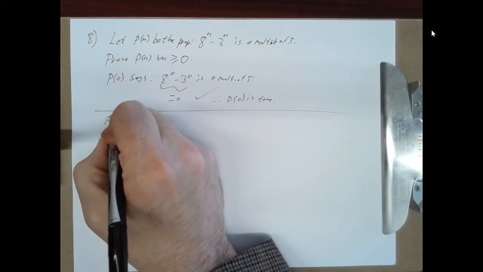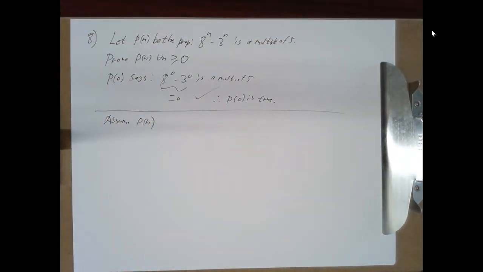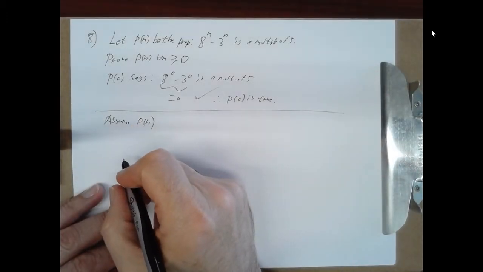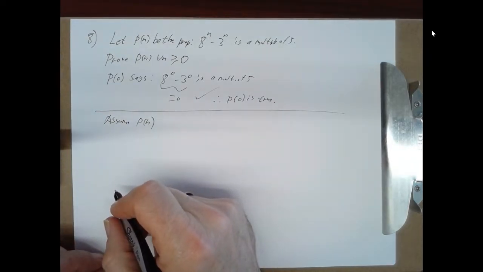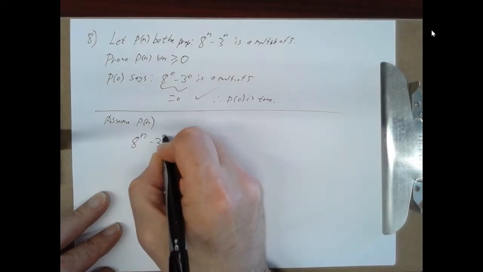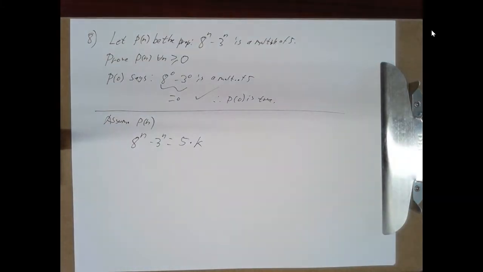So assume P of n. Well, we want to show that a to the n plus 1 minus 3 to the n plus 1 is a multiple of 5. So a to the n minus 3 to the n equals 5 times some constant, some integer.